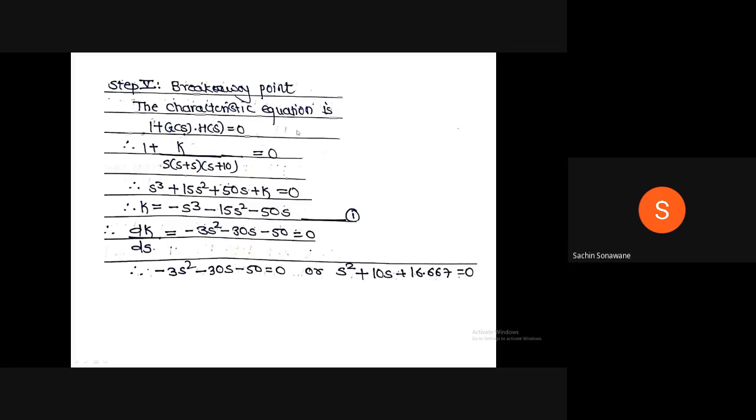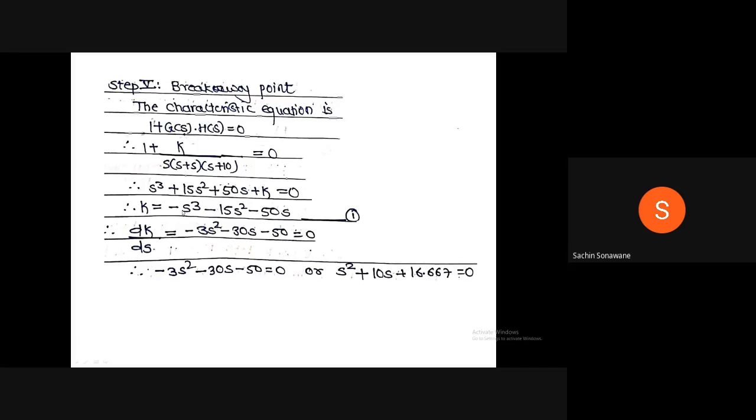Now step 5, breakaway point. The characteristic equation is 1 plus G(s)H(s) is equal to 0. Therefore 1 plus k divided by s into (s plus 5) into (s plus 10) is equal to 0. Therefore s cube plus 15s square plus 50s plus k is equal to 0.